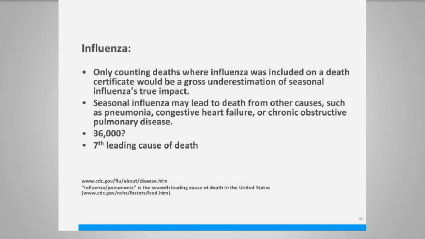Also, many people who die from seasonal flu complications are not tested for the flu, or they seek medical care late in their illness. As you can see, there's many reasons that we might not even know about these deaths. This disease is considered the 7th leading cause of death in the United States. So why aren't we paying attention to this?